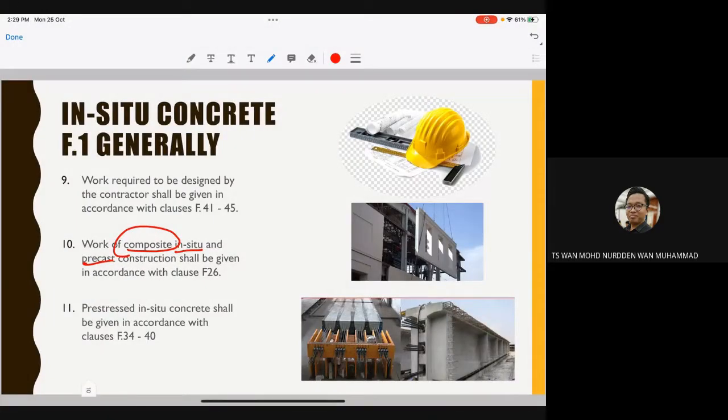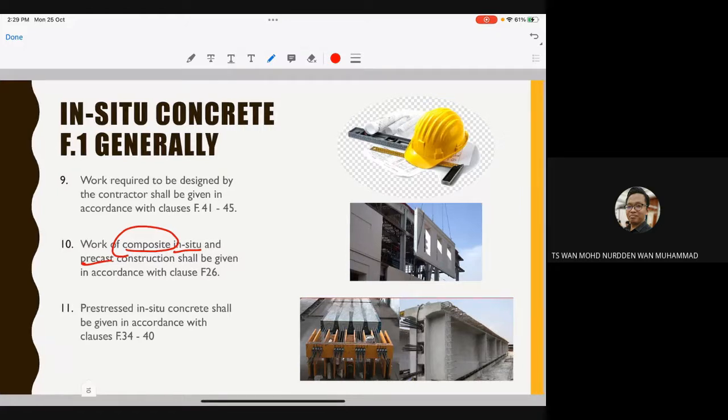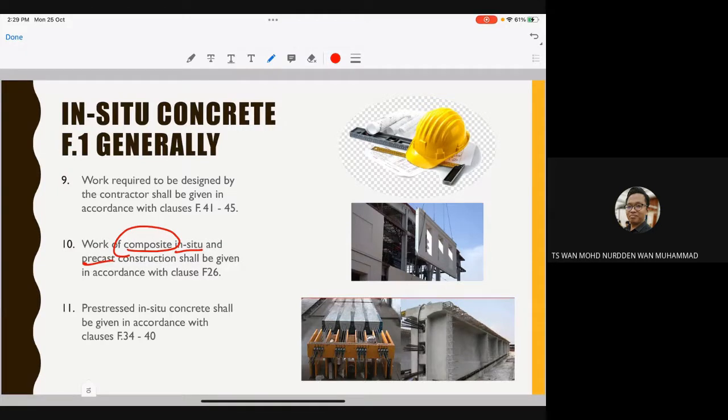And 11, pre-stressed in situ concrete shall be given in accordance with clause F.34 to 40. Apa maksud pre-stressed in situ concrete? Biasanya kalau kita pakai pre-stress in situ concrete, kita akan pakai special reinforcement yang kita panggil sebagai tendon lah.